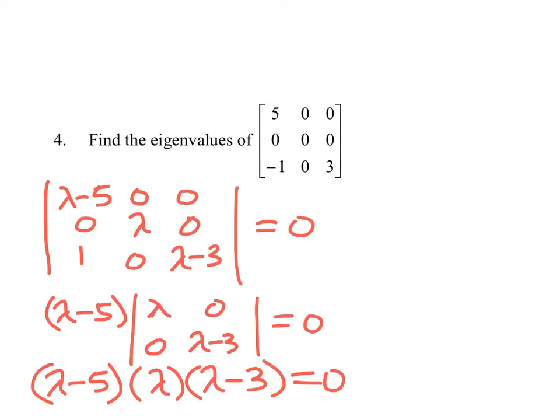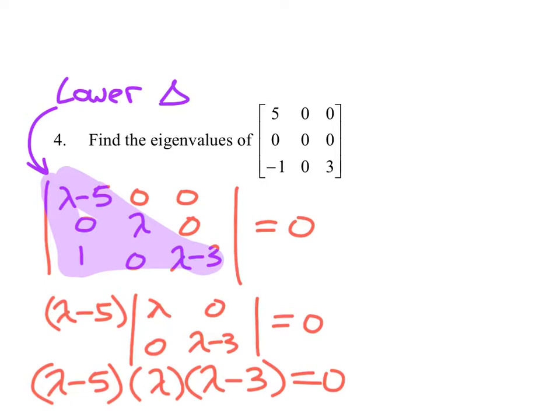The shortcut is that since this is a lower triangular matrix, I'll use a highlighter. It's lower triangular. All you have to do to find the determinant is multiply down the main diagonal. If it were upper triangular, same deal.